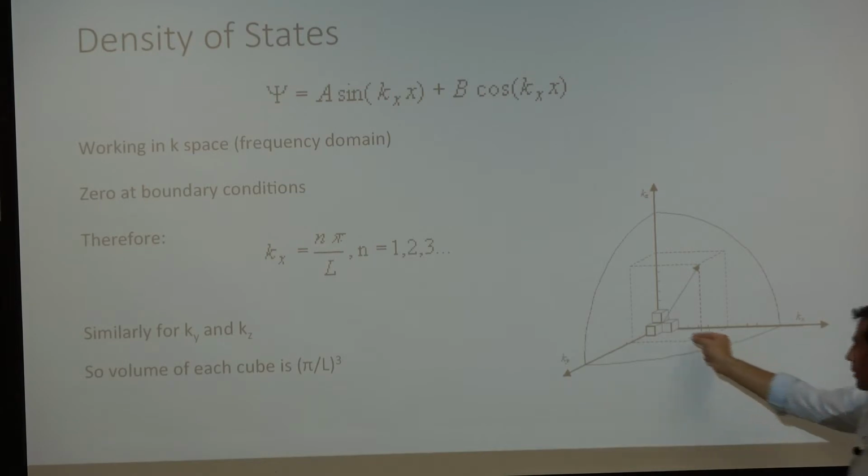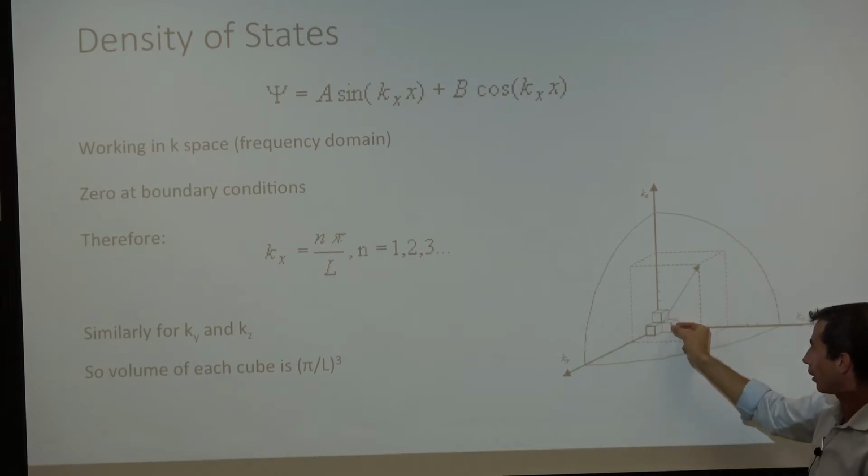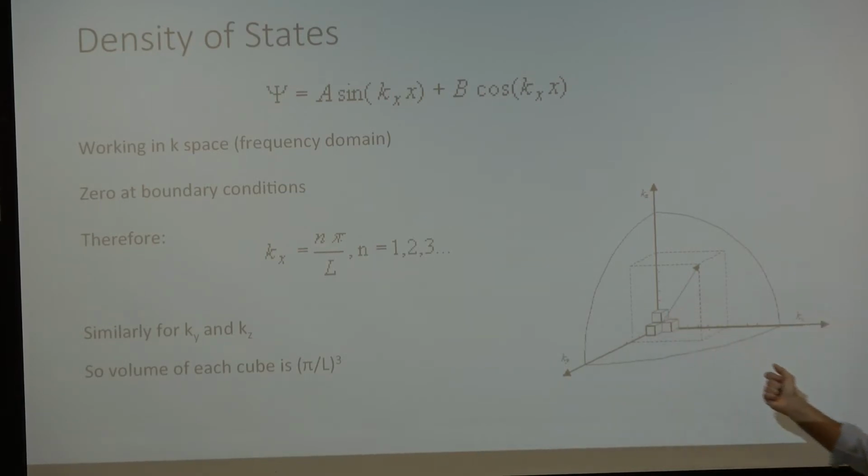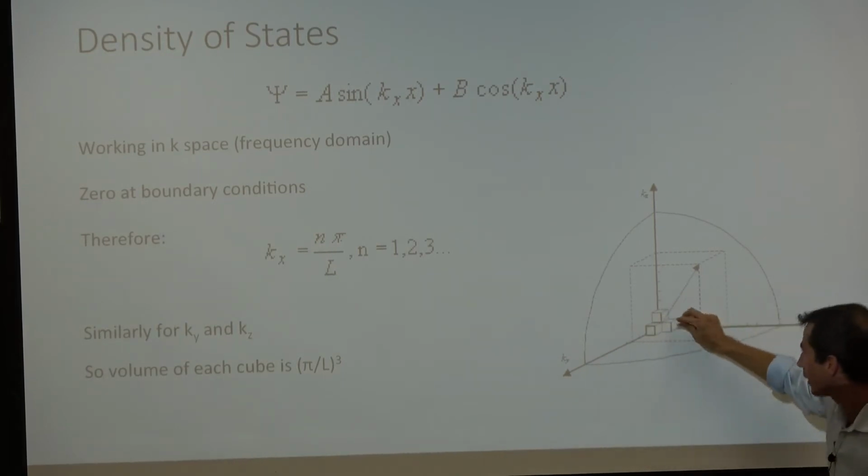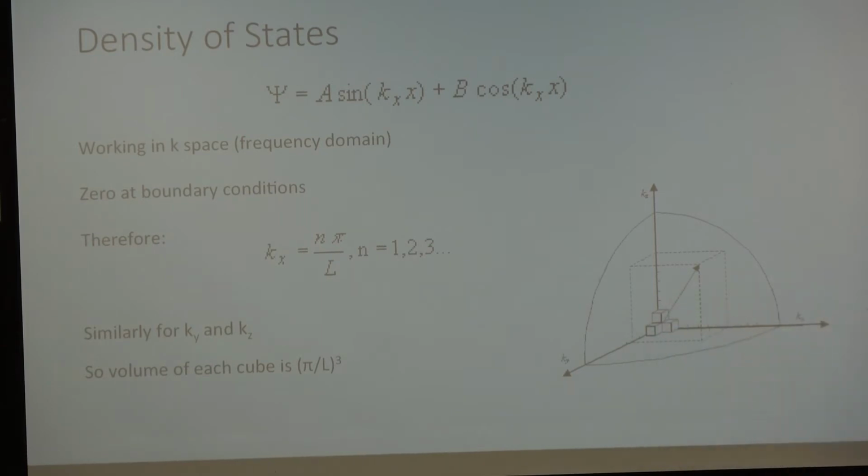So this is where you could think of one electron occupying a state. That's one solution to a wave function. Each of these cubes is a state. The whole cube, anywhere in its volume? Yes, because there's a solution at x, y, and z at the points on that cube.